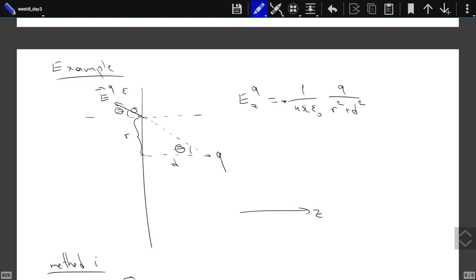It's in the minus direction. Well, cosine of theta is nothing but d over the square root of r squared plus d squared. This is equal to minus 1 over 4 pi epsilon 0 Qd over (r squared plus d squared) to the power 3/2.